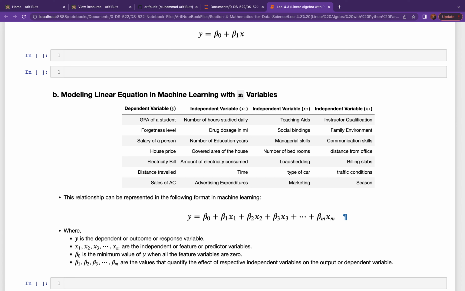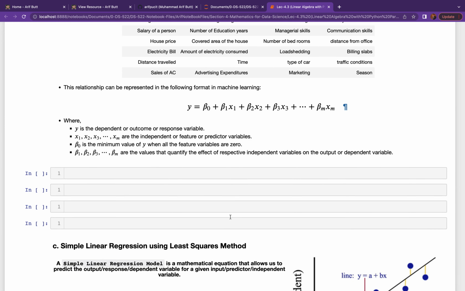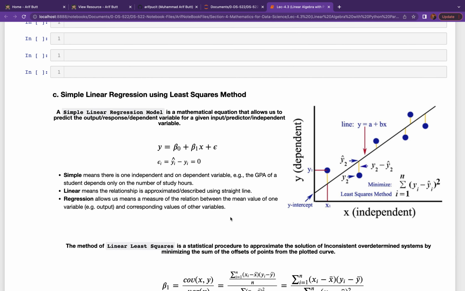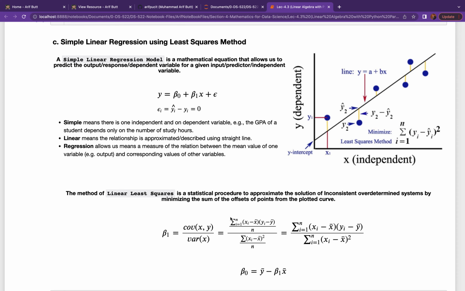My dear students, to understand this process from the very basic, let's start with one dependent and one independent or feature variable. A simple linear regression model is a mathematical equation that allows us to predict the output or response or dependent variable for a given input or predictor or independent variable.